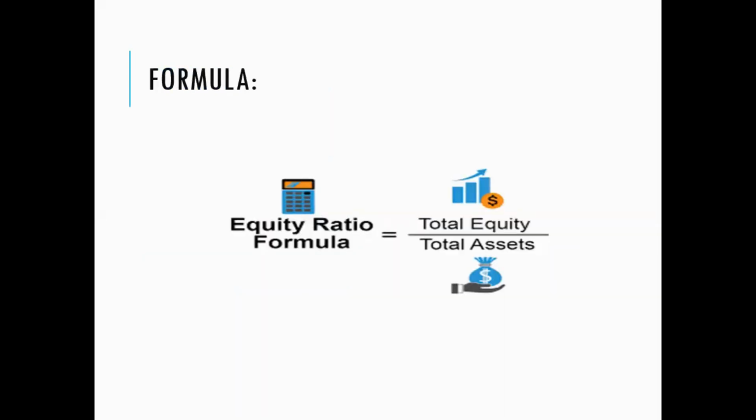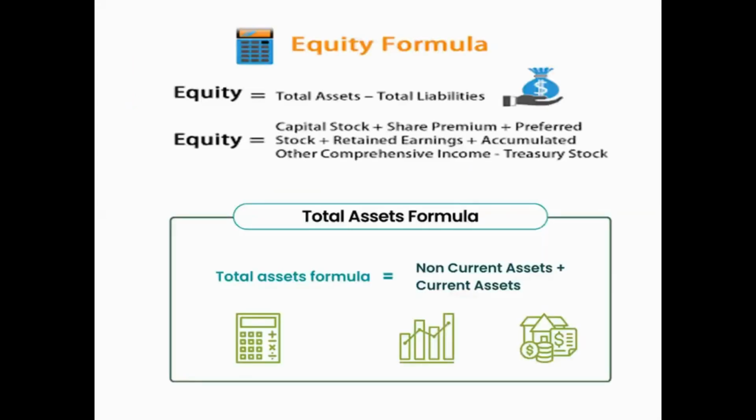The equity ratio formula: total equity divided by total assets. Here we can calculate equity in two ways.